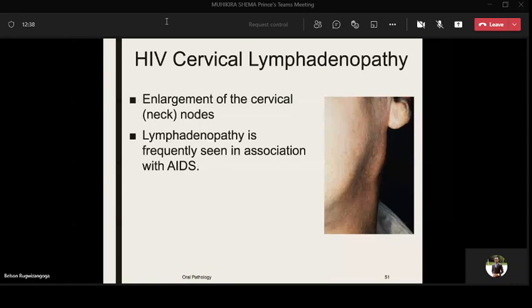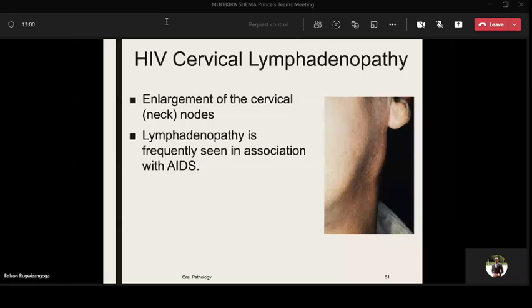Another opportunistic disease is HIV cervical lymphadenopathy. As I said, when someone is infected by HIV, they start by having flu-like symptoms. After that, these symptoms will disappear. Then the CD4 cells will start to be depleted from the body.